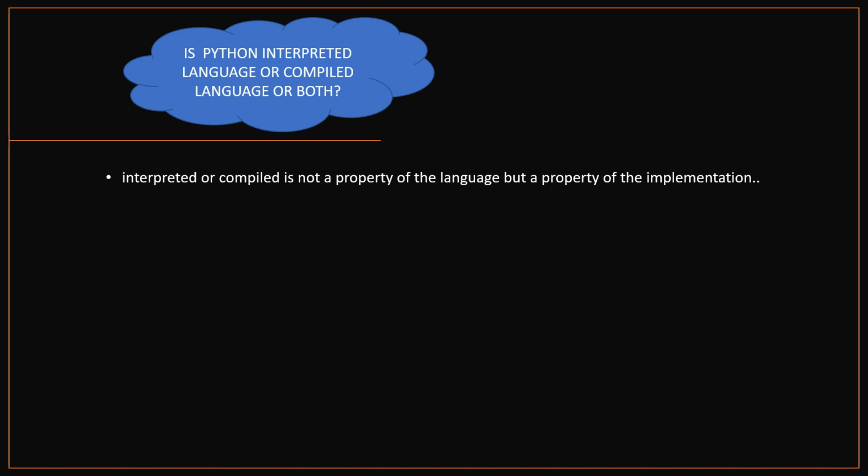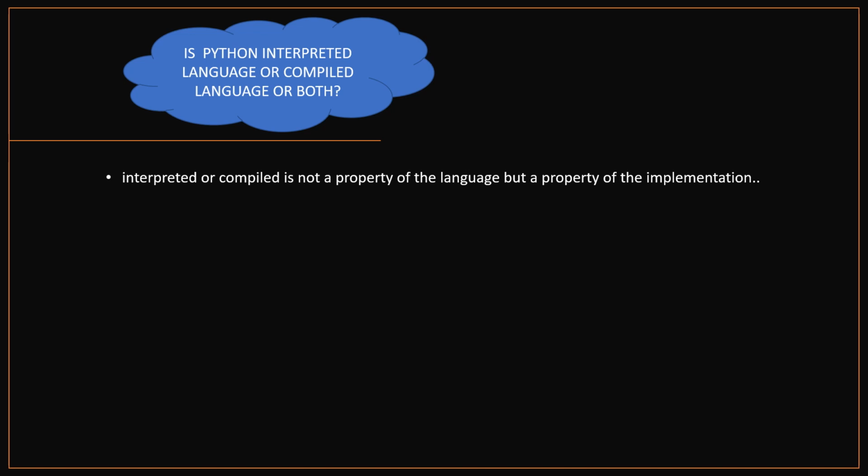It is a property of the implementation. I think you might not be clear with this. See, it is very simple. It means that to know whether any programming language is compiled or interpreted, you should understand how the language is implemented.